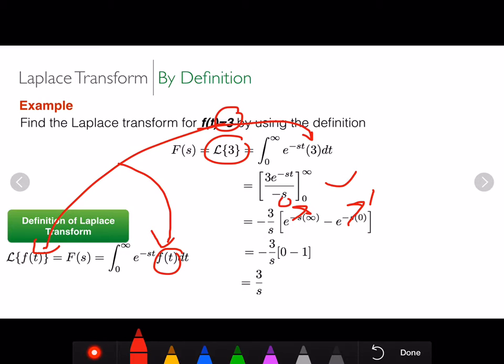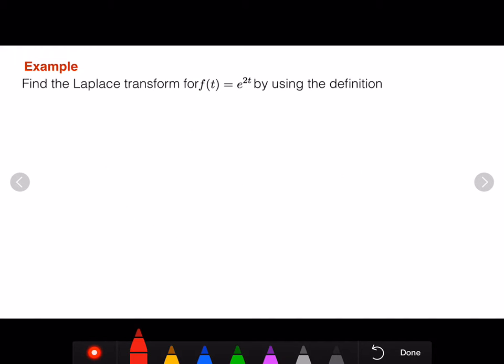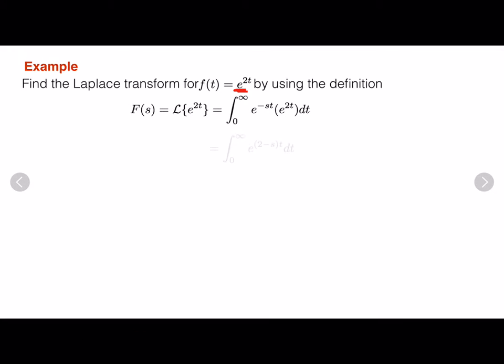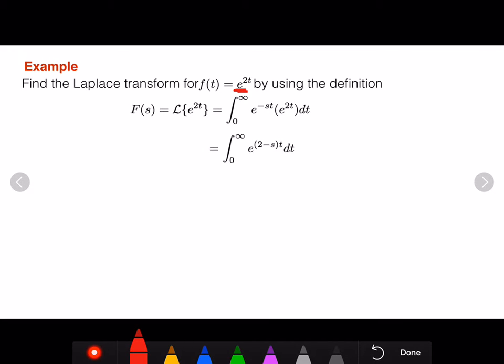Another example I'm going to show you is e to the power 2t. Again using the definition, I put in the f(t) function, and because it is index and index, I do the simplification here.